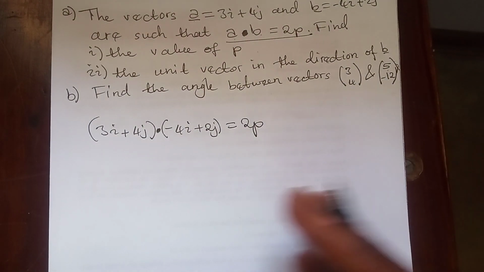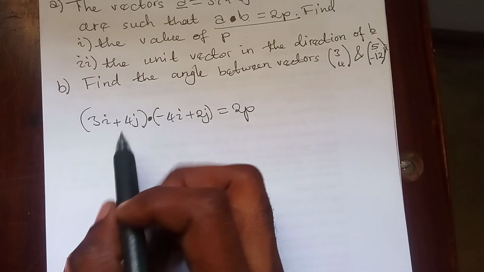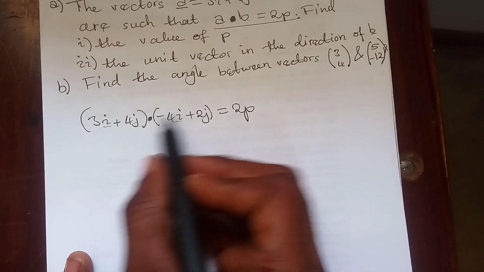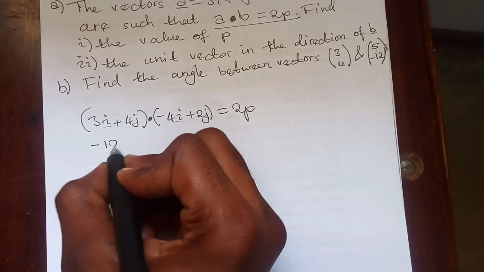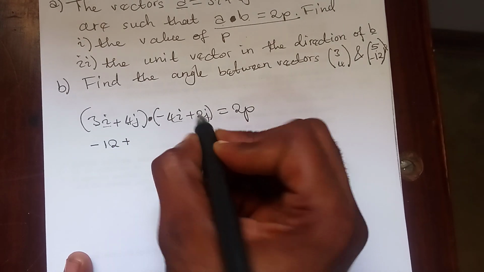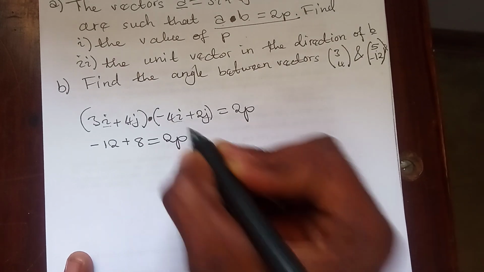So now let's solve for p. Remember, when you are multiplying vectors, just multiply the i's by the i's, the j's by the j's. So this multiplied by this is minus 12, then plus 4 multiplied by 2, we have an 8, then this is 2p.